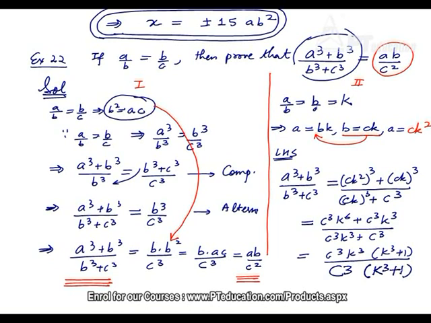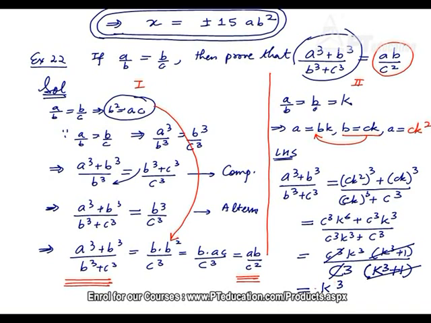I hope that's clear. So what happens now? k cube plus 1 and k cube plus 1 get cancelled out. And if these two get cancelled out, finally c cube and c cube will also get cancelled out. And so what are you left with here? You are only left with k cube.